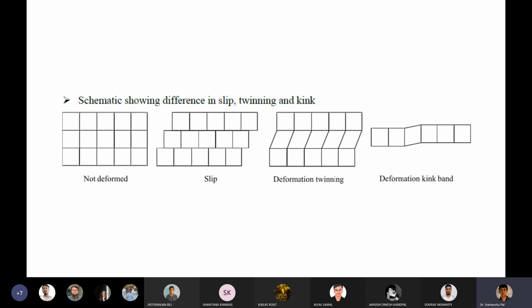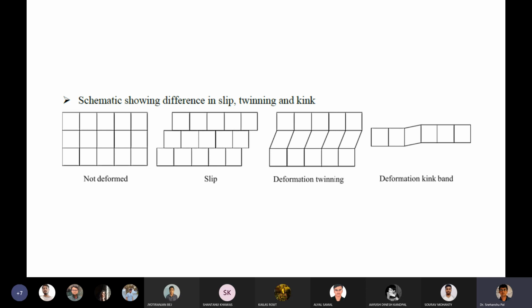If you look at kinking, due to the slip process, it is a common secondary mode of plastic deformation. It's a very well-known secondary mode of plastic deformation in a single crystal, with at least one plane having easy slip.